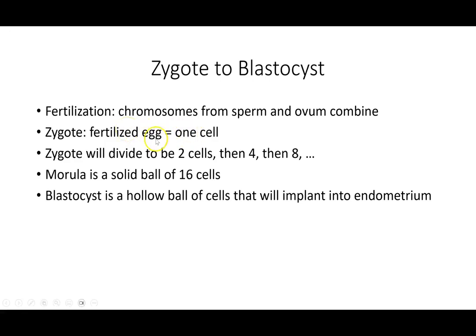The zygote then divides to 2 cells, and then 4, and then 8, so on and so forth, until we reach 16 cells, which is called a morula. This is a solid ball of 16 cells. And then these cells will continue dividing through mitosis until we reach a blastocyst stage, which is a hollow ball of cells. This is what implants into the endometrium.